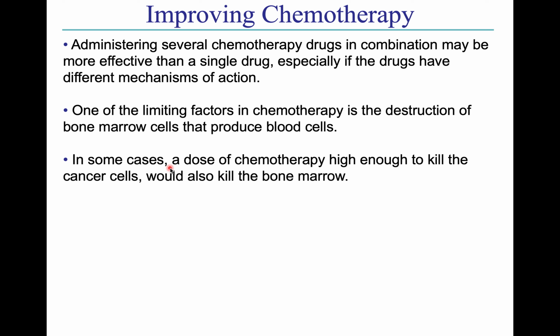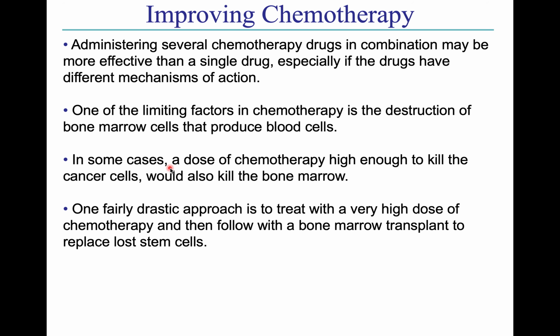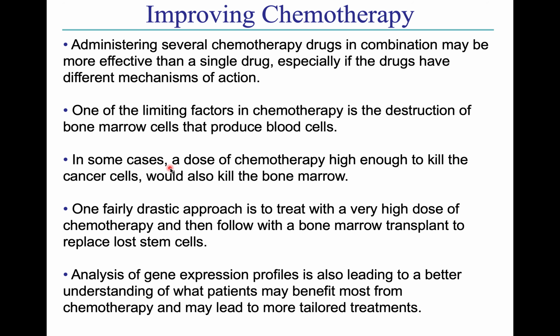Treat with that incredibly high dose of chemotherapy, hopefully kill all the cancer cells. Yes, we also kill the bone marrow and leave the patient without an immune system, but now we can go in and basically do a bone marrow transplant to replace those lost bone marrow cells and reintroduce the immune system back into the patient. So that's pretty drastic, but it has been used in some cases successfully.